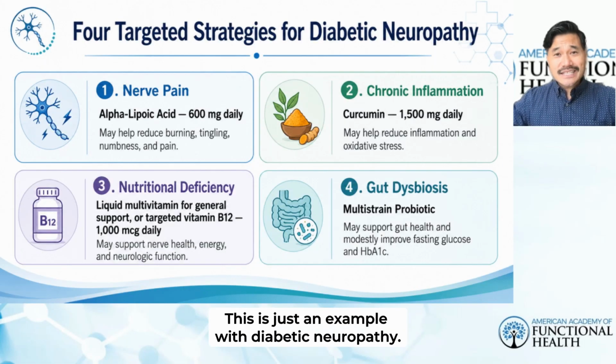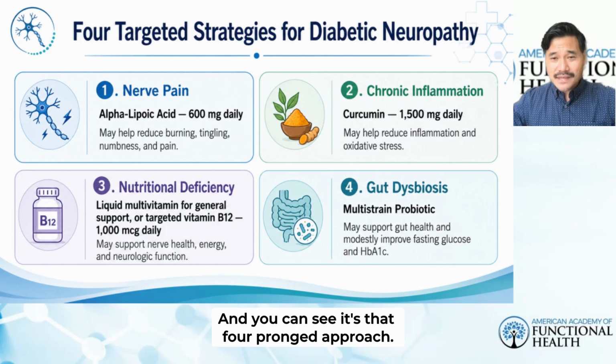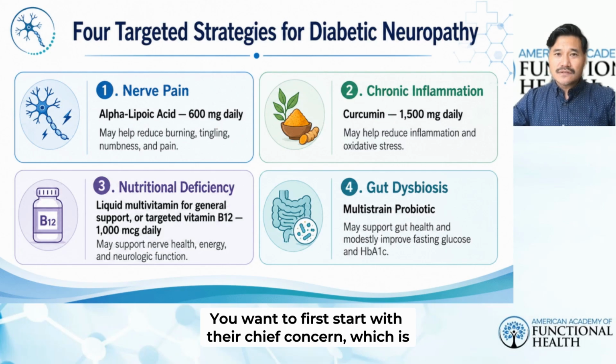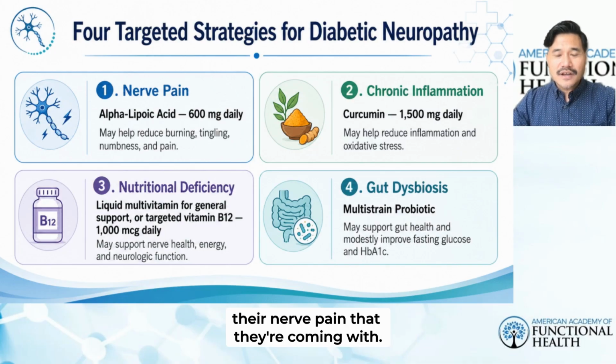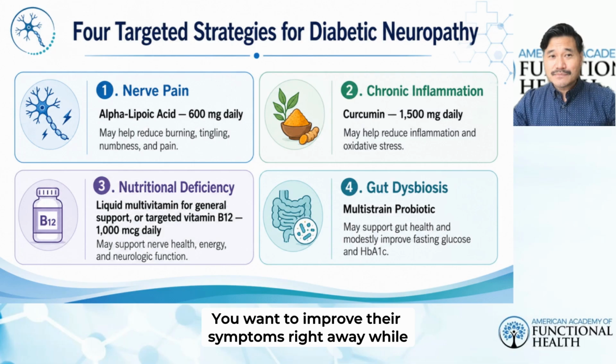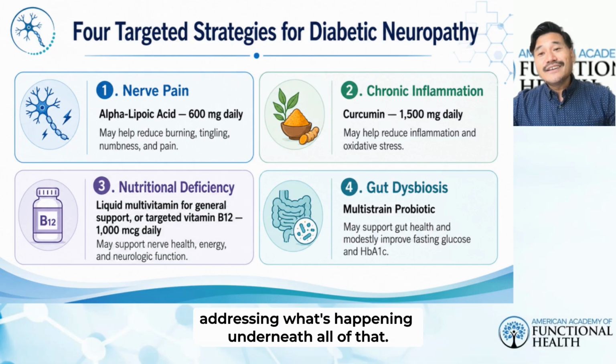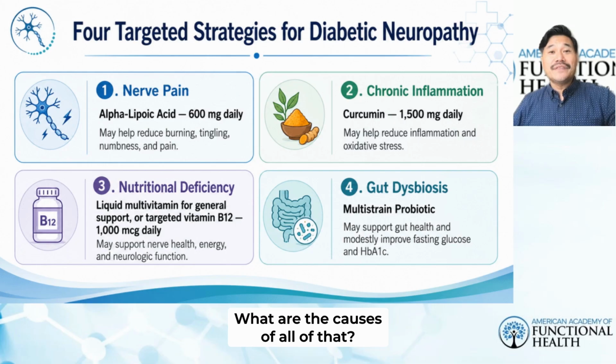This is just an example with diabetic neuropathy, and you can see it's a four-pronged approach. You want to first start with their chief concern, which is the nerve pain they're coming in with. You want to improve their symptoms right away while addressing what's happening underneath. What are the causes?